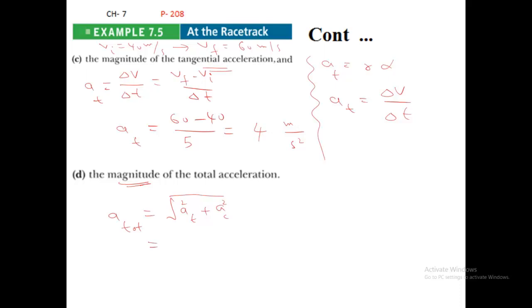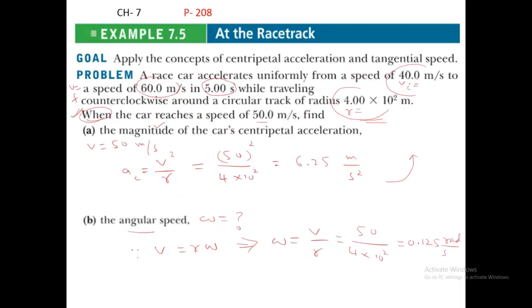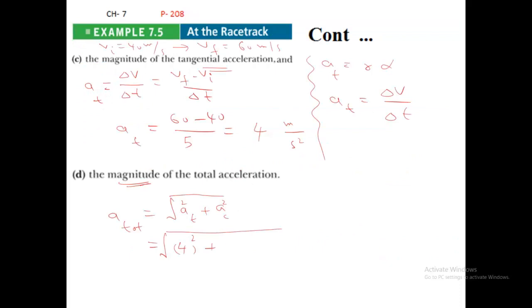AT you just finished, 4, and AC you just calculated here, 6.25. So finally you get 7.42 meter per second square, the A total magnitude.